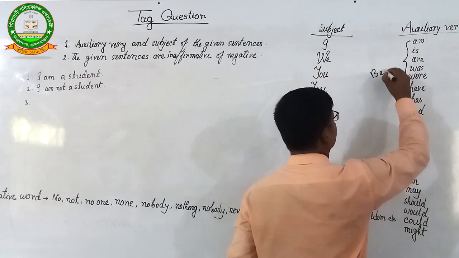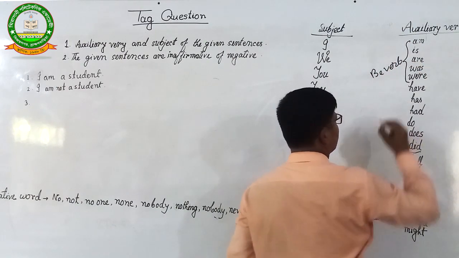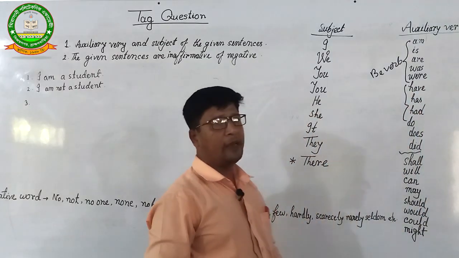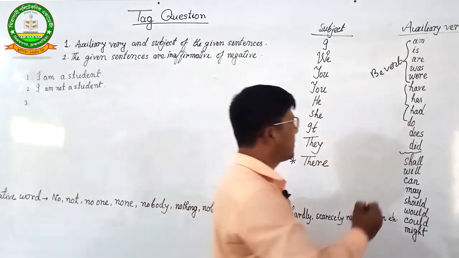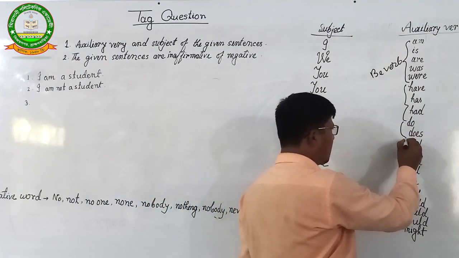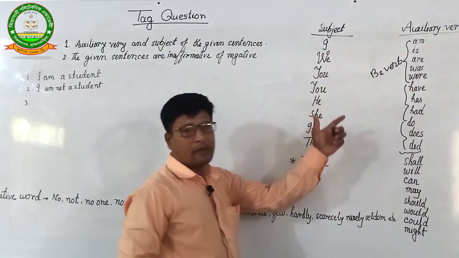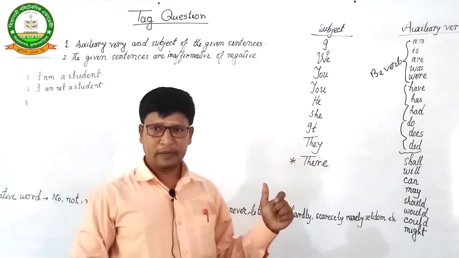Second, have verbs: have, has, had. And do verbs: do, does, did. These 11 verbs are primary auxiliaries.